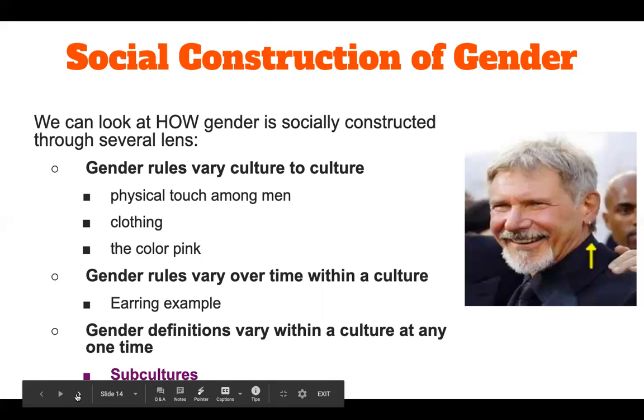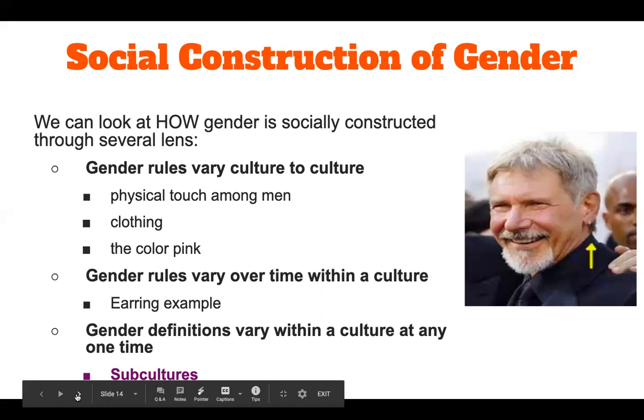But then sometime in the 80s, with the rise of hair rock, hair metal, and hip hop, and those types of musical subgenres, earrings began to pop up on the ears of men. And then there became all these complicated rules about, for men, which ear do you pierce? Do you pierce both? And what message does that send? And so now, for the most part, people think very little of seeing men or women, boys or girls, with pierced ears.